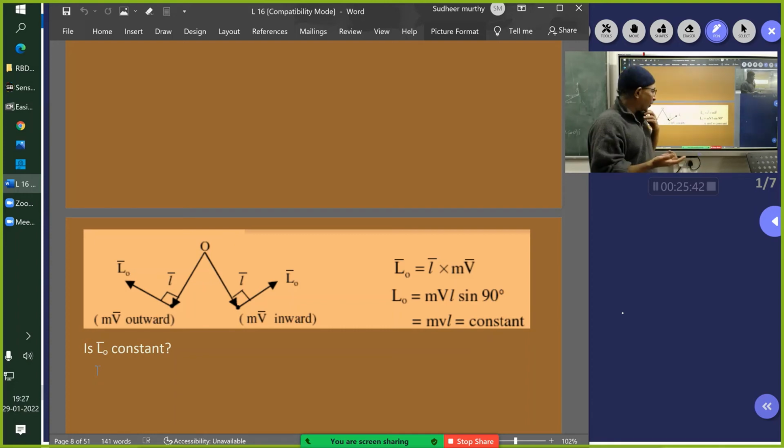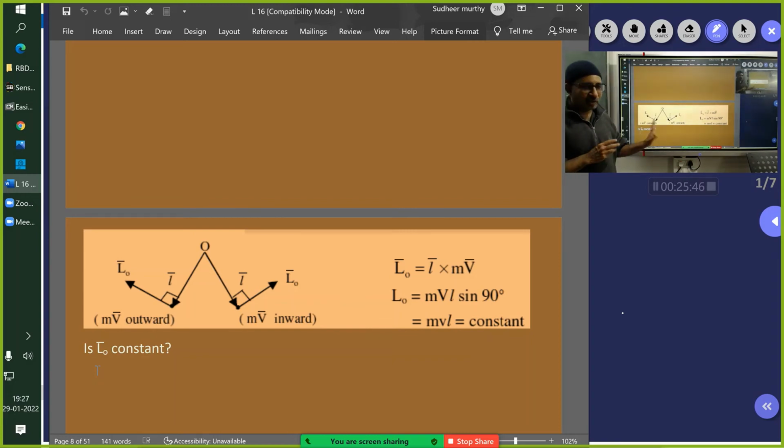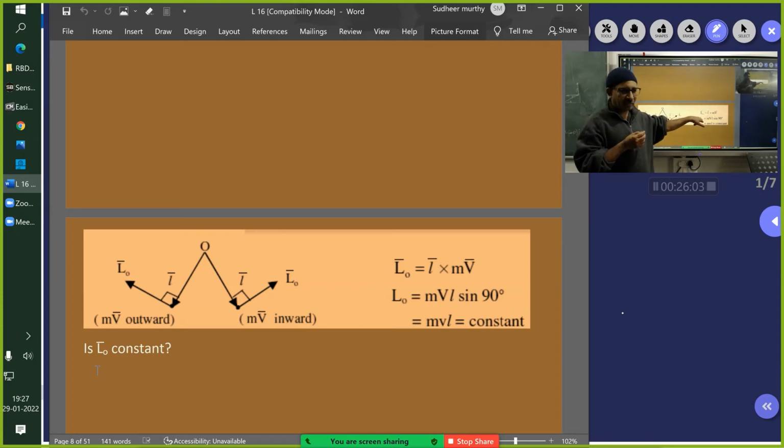So now we get the expression L naught bar is equal to L bar cross m v bar. This is the standard expression. If we evaluate only the magnitude, we get m v l sin theta. As far as the angular momentum is concerned, mg is not playing a role, because they have given us velocity and mass. So the magnitude of the angular momentum is constant.